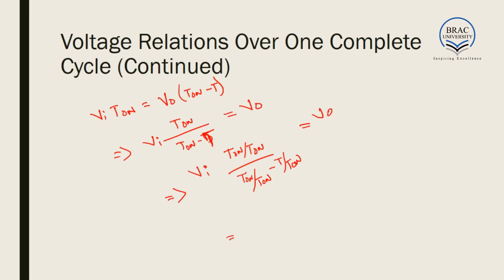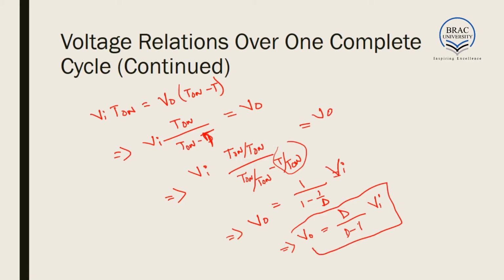Since T on by T is equal to D, T by T on will be 1 by D. So V output is equal to Vi divided by 1 minus 1 by D, or we can modify it as V output is equal to D by D minus 1 times V input. So this is the voltage relationship of buck boost converter.